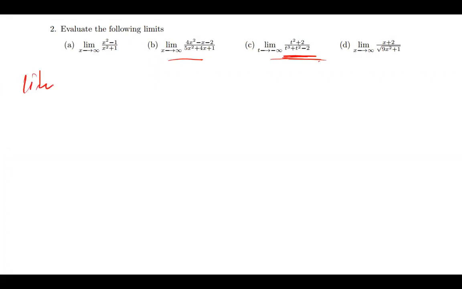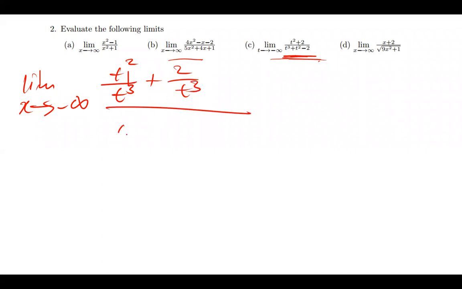We say the limit as x approaches negative infinity of, the highest power is t to the power 3, so we divide everything by t to the power 3. The numerator becomes t squared over t to the power 3 plus 2 over t to the power 3, and the denominator becomes t to the power 3 over t to the power 3 plus t squared over t to the power 3 minus 2 over t to the power 3.